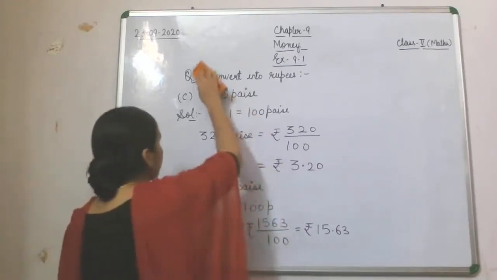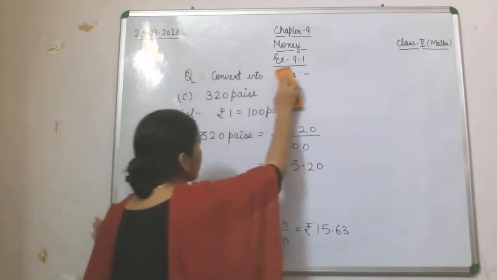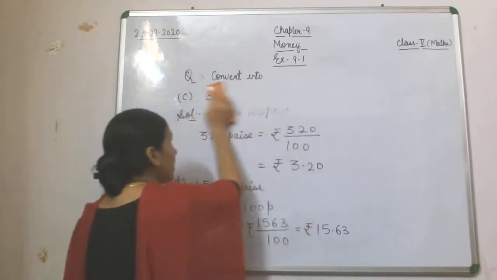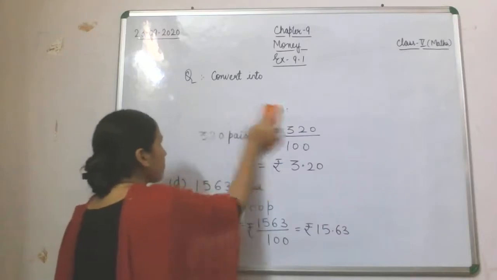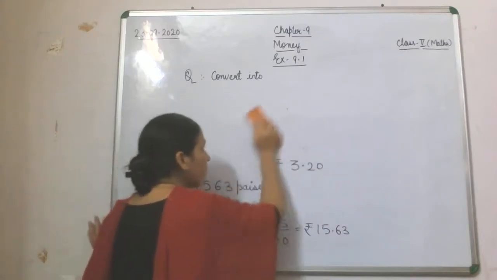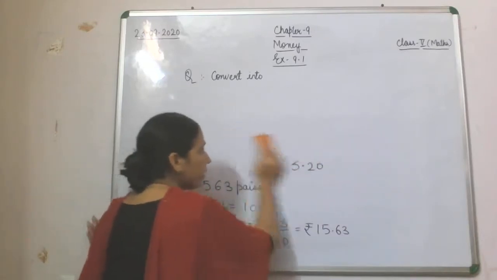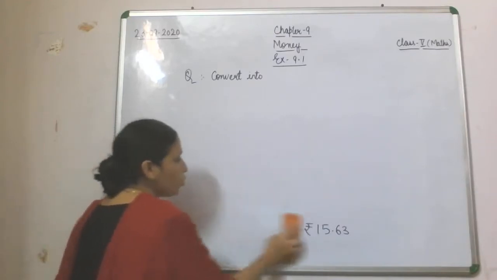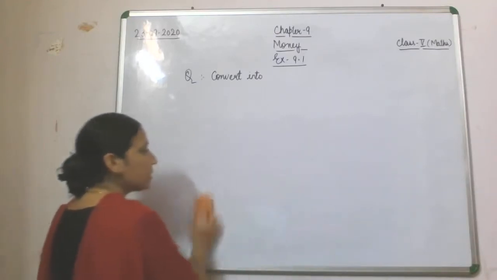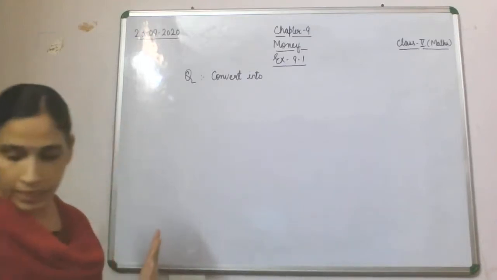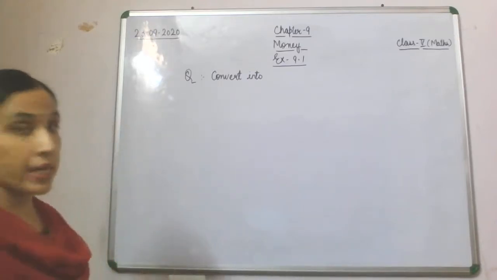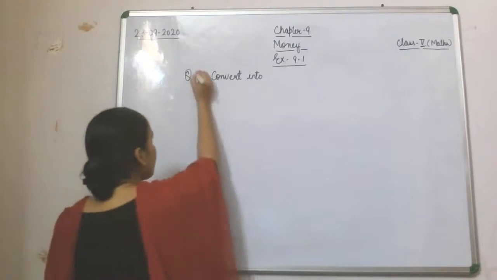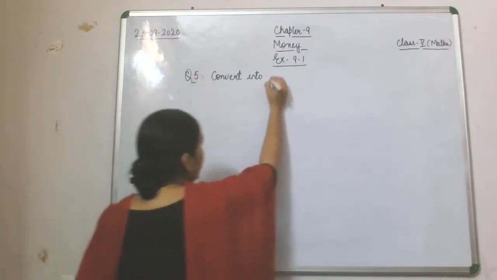So let's start question number 5 of the exercise. Related to this question number 5, you have been given example 2 in this exercise, so that you can practice. Here we will do exercise 9.1, question number 5: convert into paise.